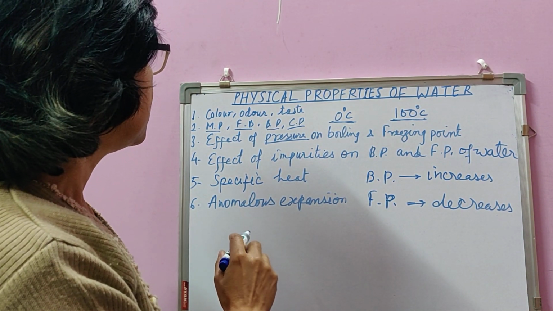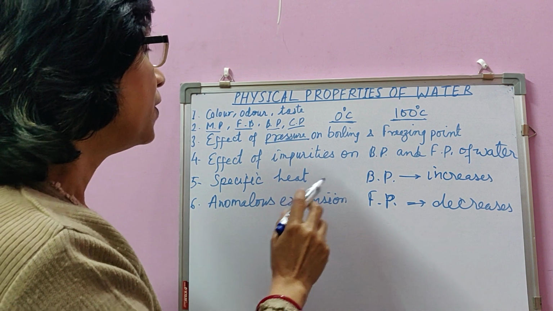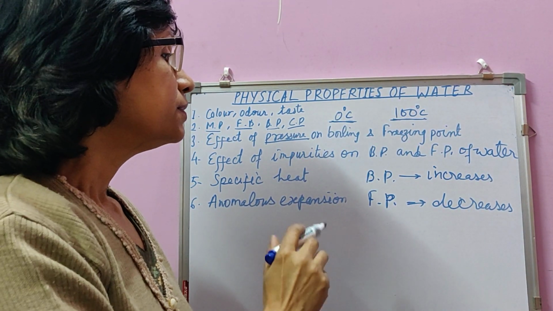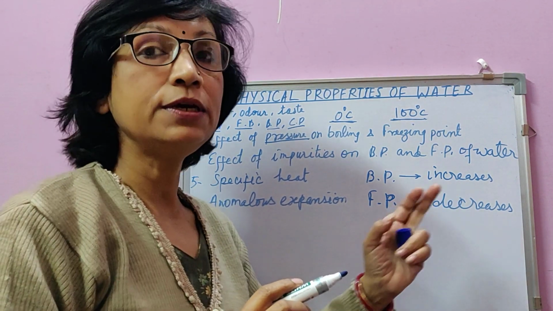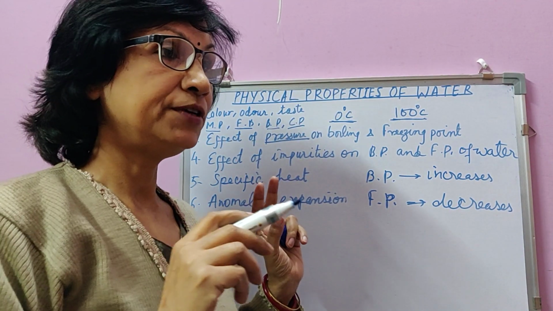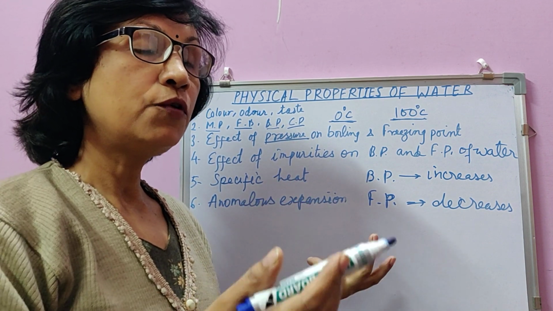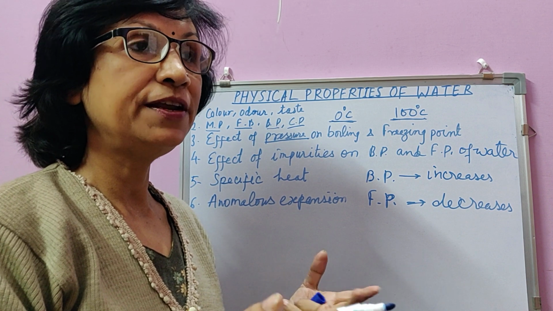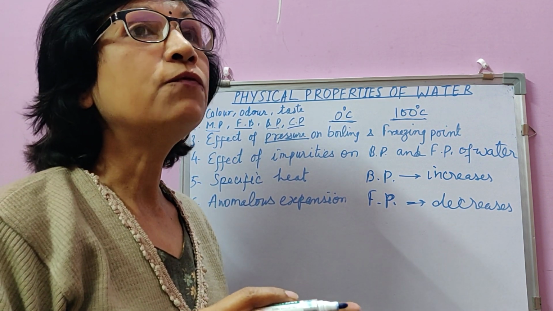Okay, we can give the example of seawater. Seawater doesn't freeze so easily. At the same atmospheric temperature, pure water or normal potable water or clean fresh water will freeze, but ocean water won't freeze.